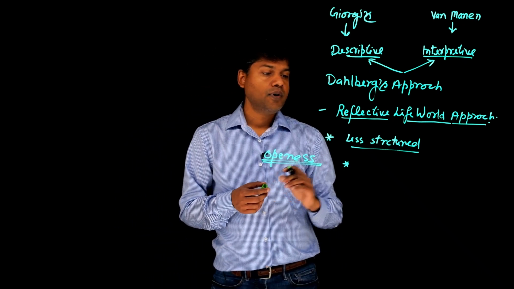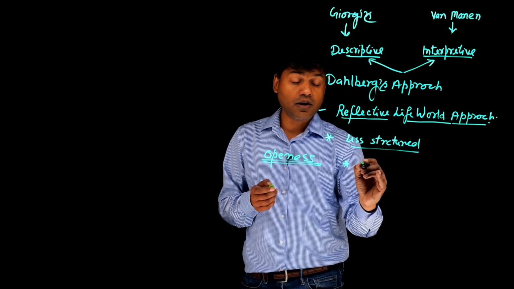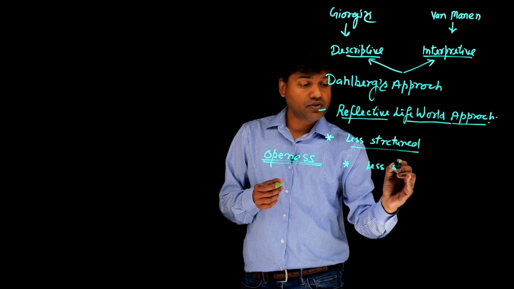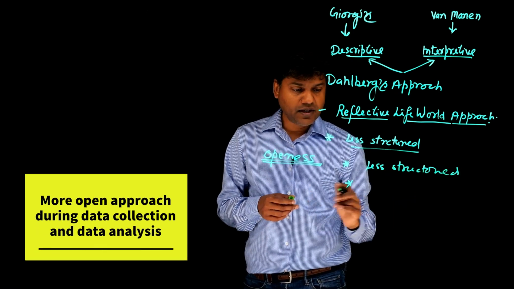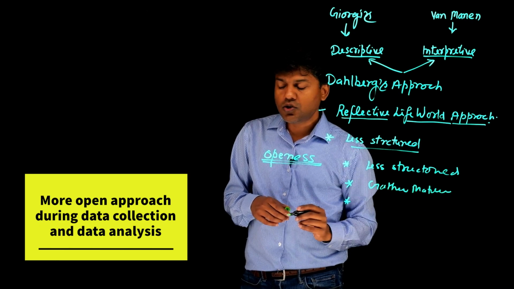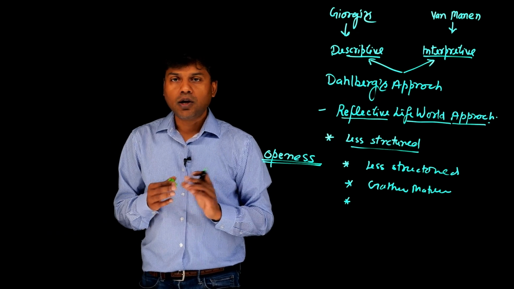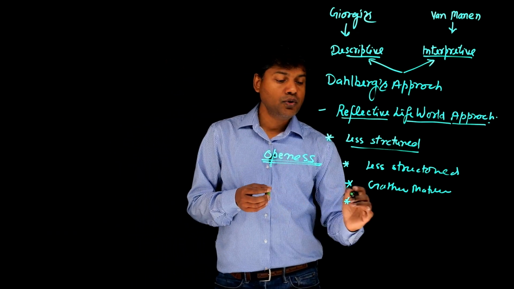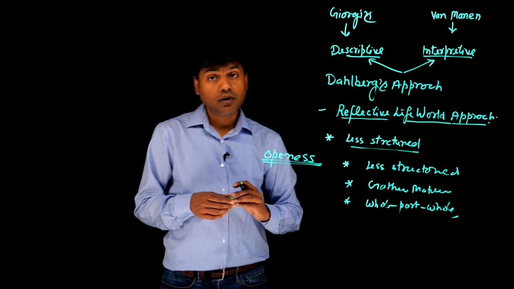Openness, as I said already, in the sense of methodology, which is a less structured approach in choosing participants, gathering phenomenological materials for your study, and also when you are doing your analysis. Like other approaches where we use whole analysis, Dahlberg's approach also does the same.